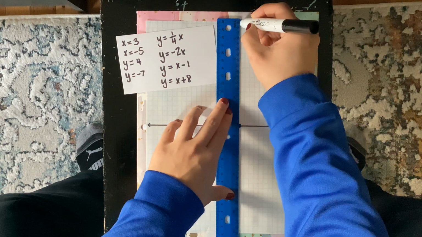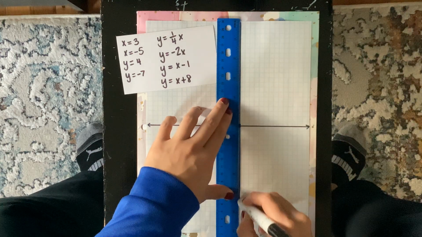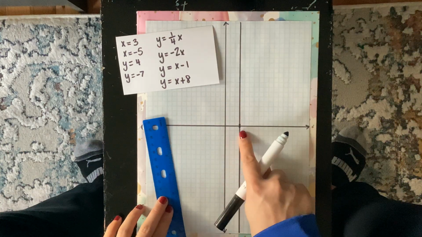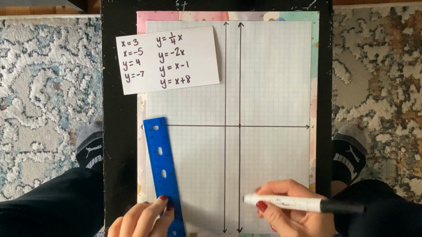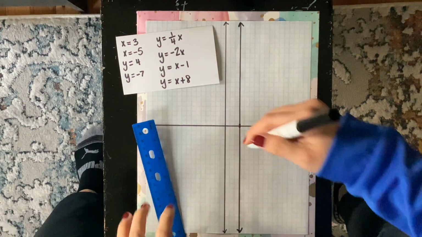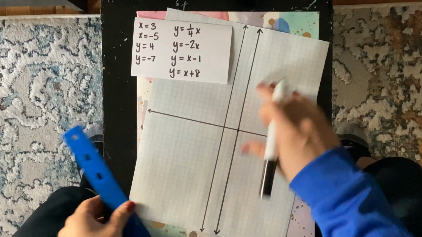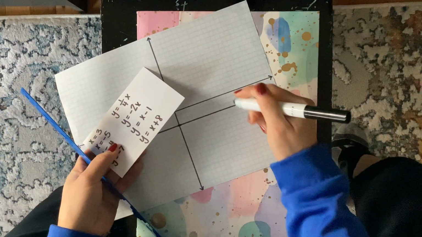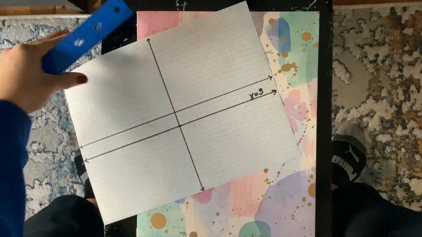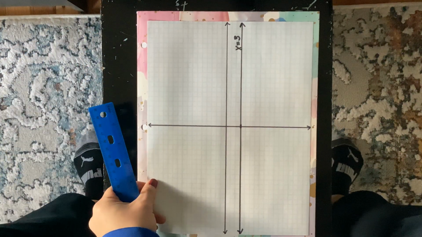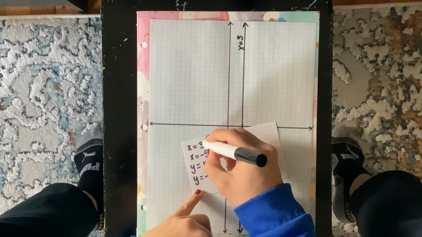There is no y-intercept. Your line is going to look like this because x is always 3. Draw some arrows. And then I'm going to label that with my equation. So we can draw it somewhere up here. This line is x equals 3. Okay, so we're done with this one.